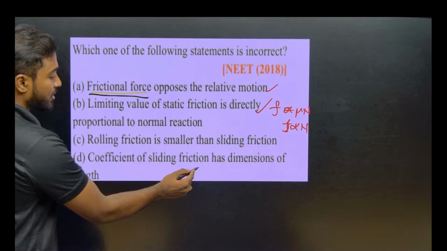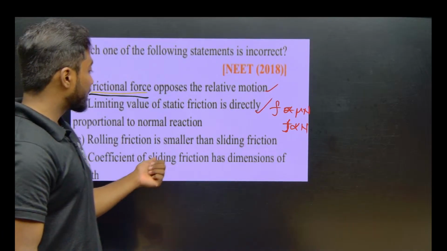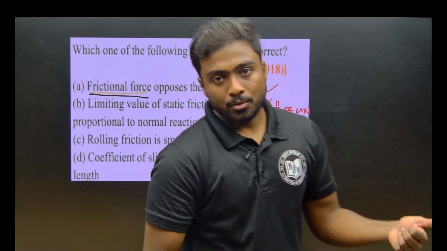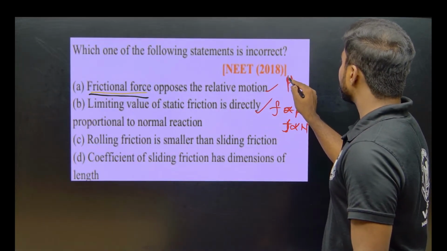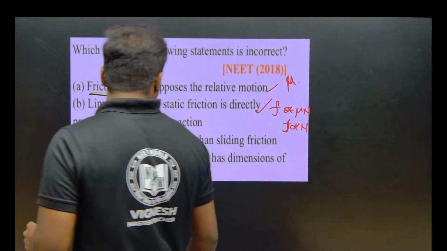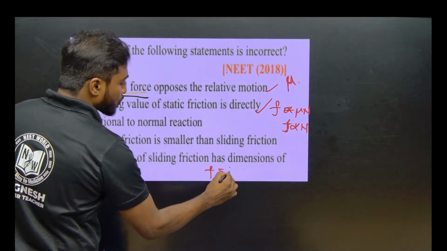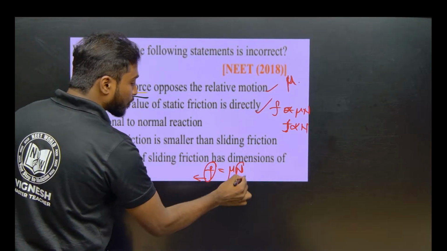Coefficient of sliding friction has dimension of length. So they are saying that mu has dimension. See, simple thing, guys. F equals mu N, where F is a force and N is also a force.